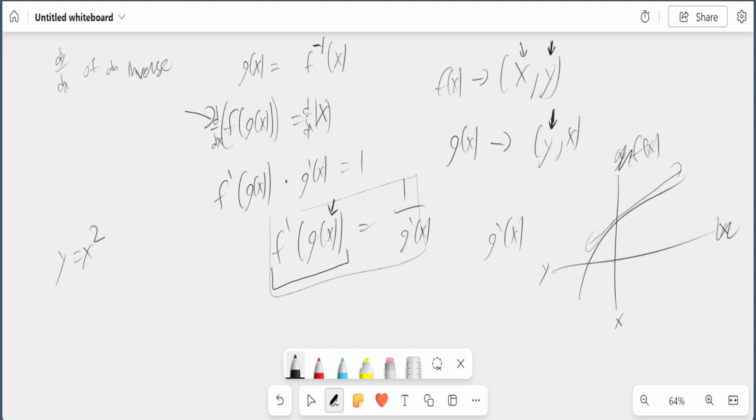Okay, so 1 is equal to 2x times dx/dy, and then 1 over 2x is equal to dx/dy, and then you would get dy is equal to 2x dx, right?